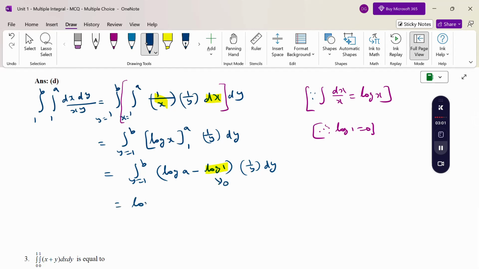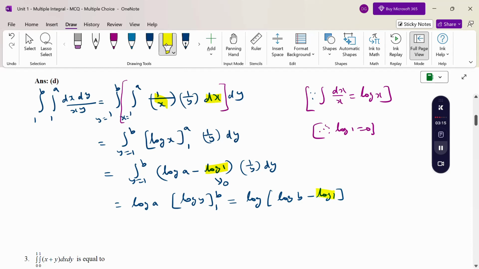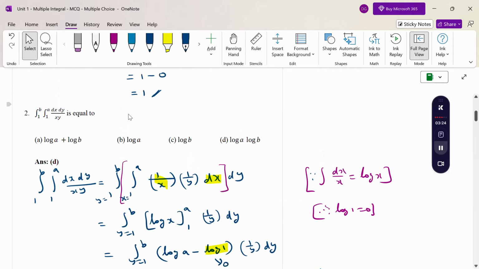Now log a is constant, and dy by y integration is log y from 1 to b. So log a times log b minus log 1, again log 1 is 0. Therefore the answer is log a into log b. Yes, the fourth option, log a log b.